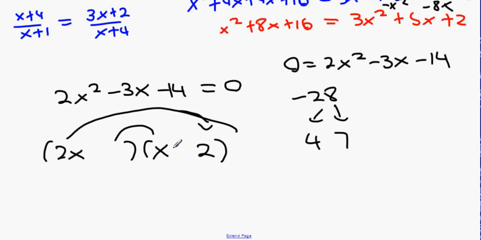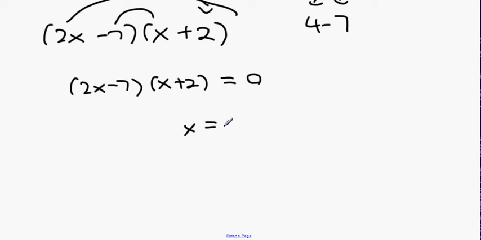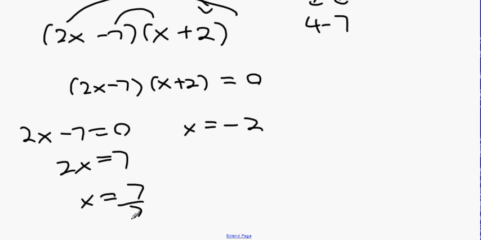X needs to multiply by a number to give you the minus 7, so it's minus 7. So it's going to be 2x minus 7, x plus 2 equals 0. X equals minus 2, or 2x minus 7 equals 0, 2x equals 7, x equals 7 over 2.